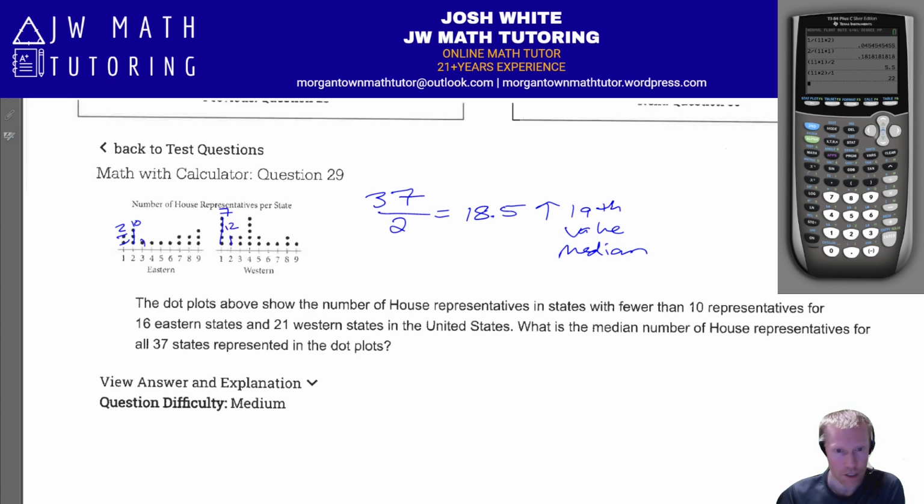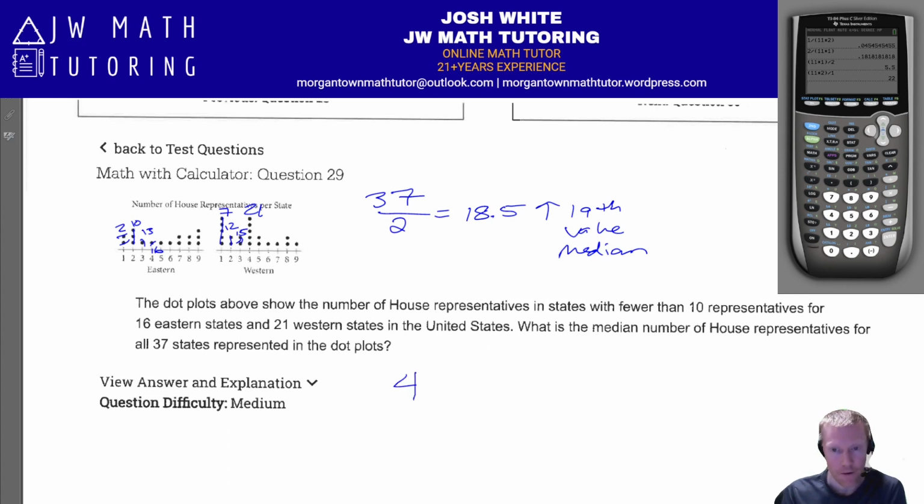Then I have 13 over here, and then I add 2 more, so now I'm at 15. And then I have 16 when I get to 4 on the eastern side. And then notice now when I count for 4, I have 17, 18, 19, 20, 21. Okay, so I passed my 19th value. So the answer to this one is just going to be 4.